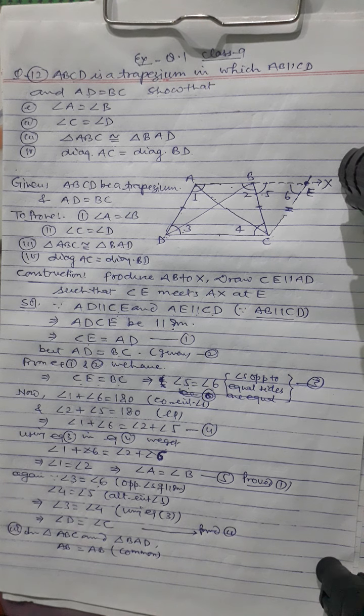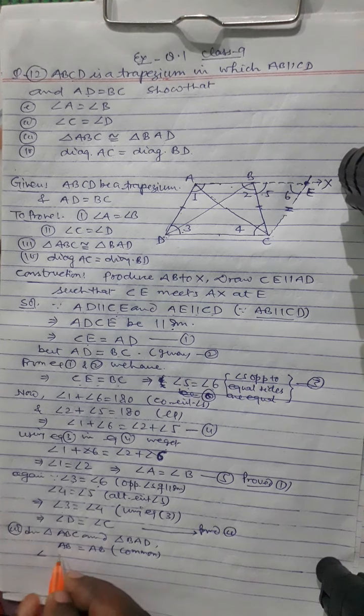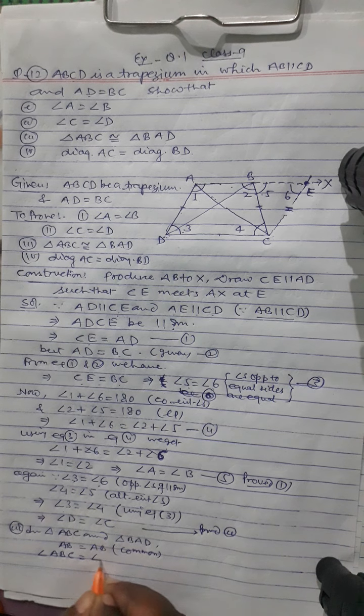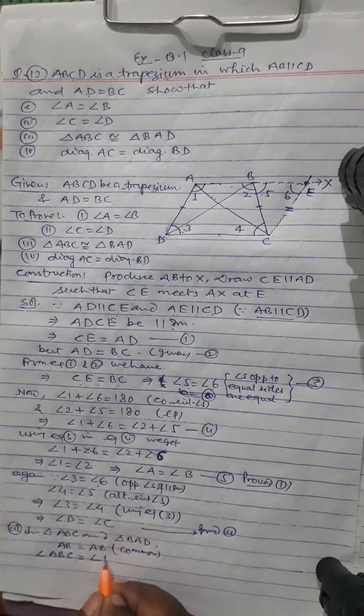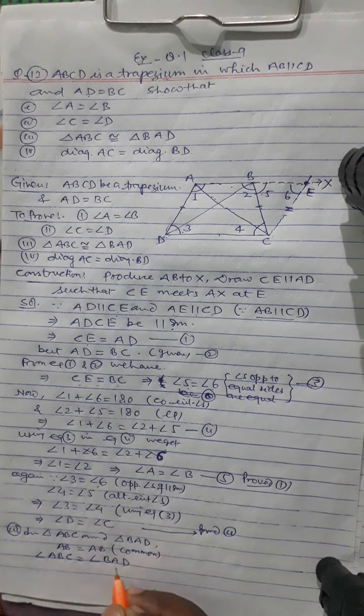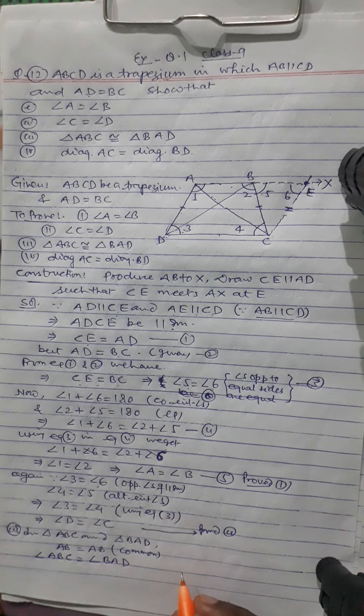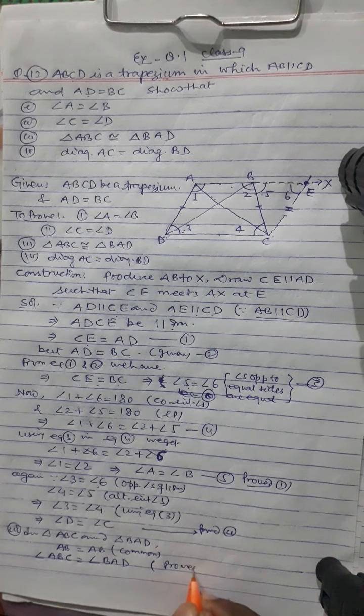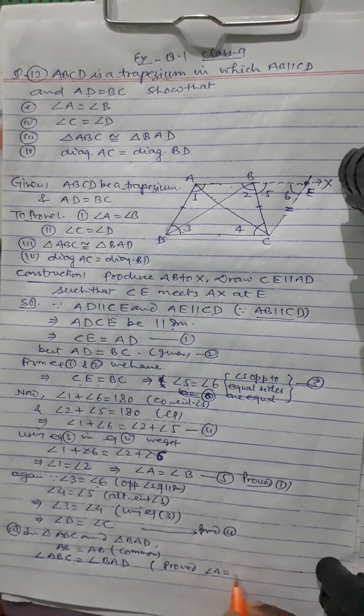Angle ABC is equal to angle BAD, which is already proved: angle A is equal to angle B.